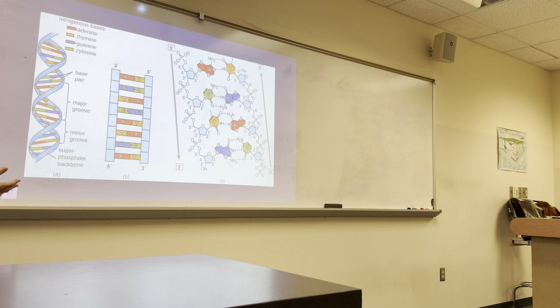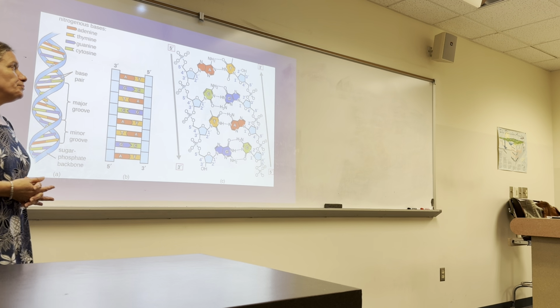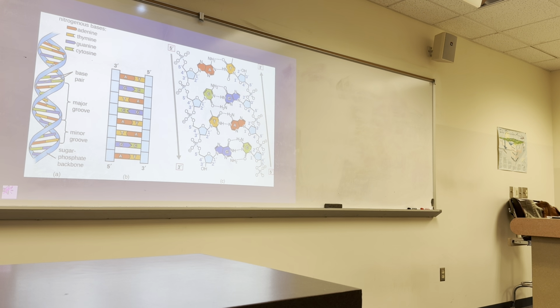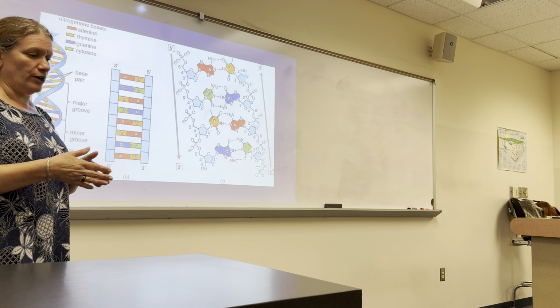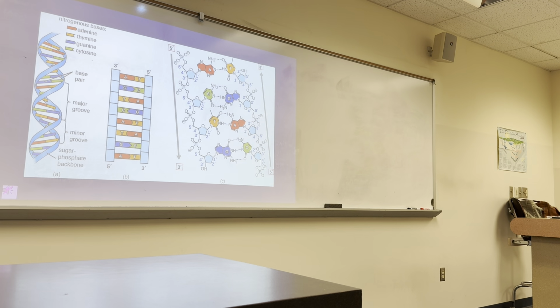Okay, you say, why would that be important? Well, it is important because it takes more energy to break 3 hydrogen bonds than it does to break 2 hydrogen bonds. So at the front of a gene, for instance, we have a promoter.